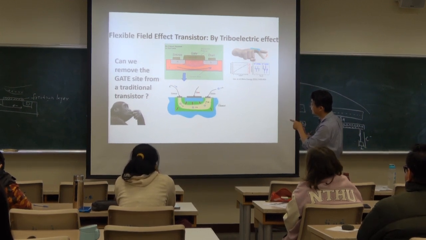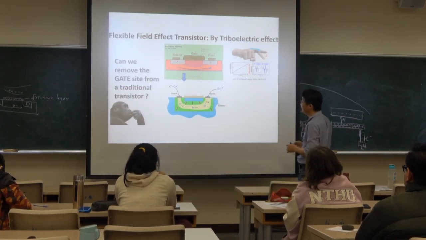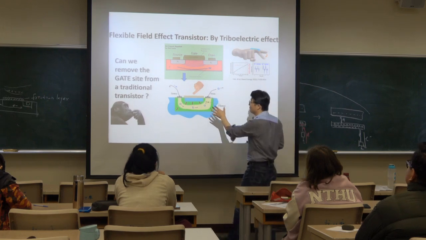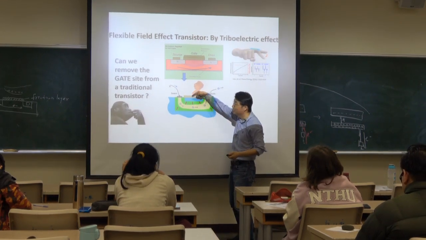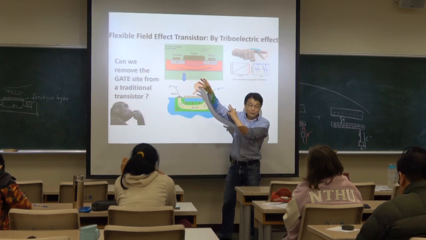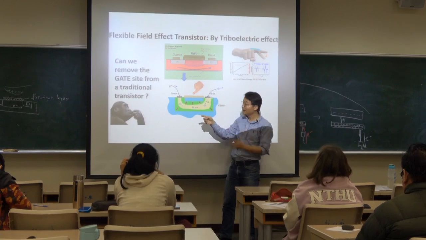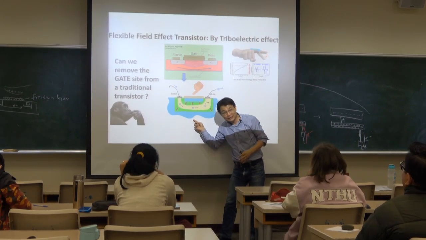But now, if we just remove the gate side, then remaining is only source and drain, right? And this gate side, we can manipulate using hand or something else, whether positive or negative depends on whether this is N-type or P-type, right?